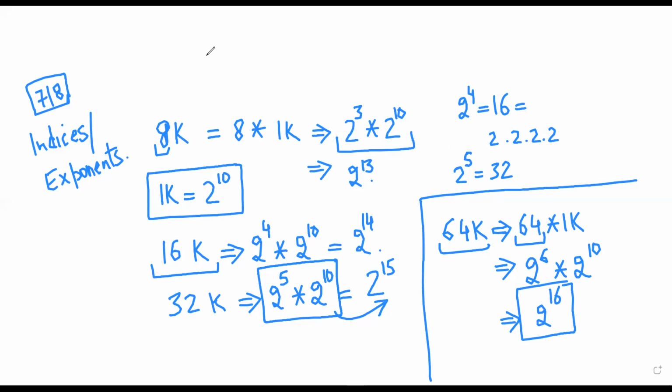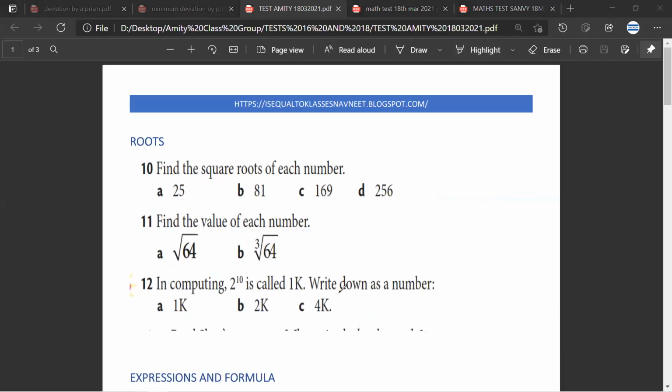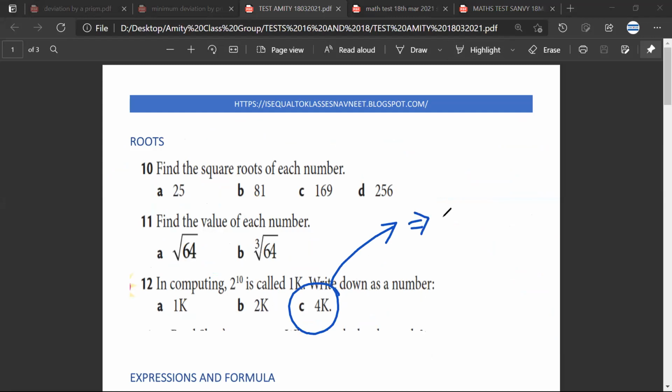So, Sani, have you understood how to do this question? Yes, sir. So, for example, 4k will be equal to 2 raised to 2 into 2 raised to 10, which will be 2 raised to 12.